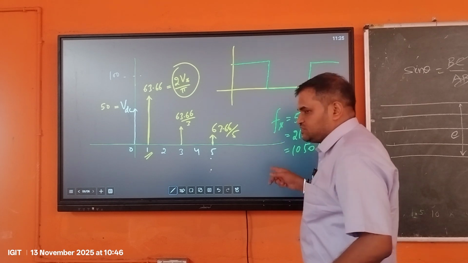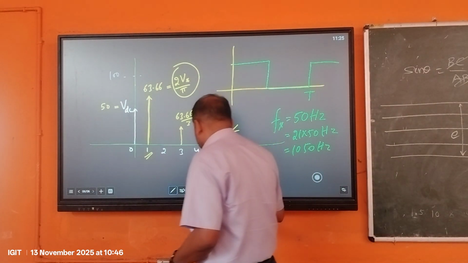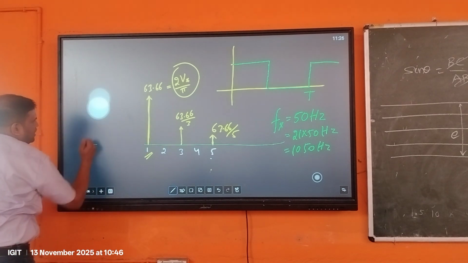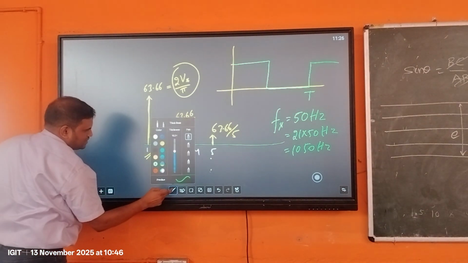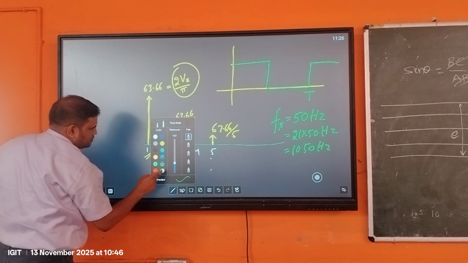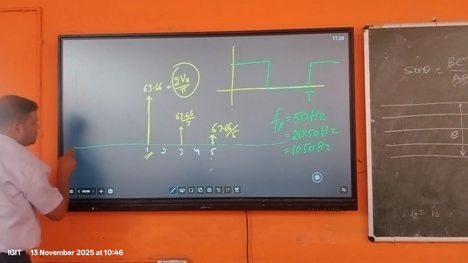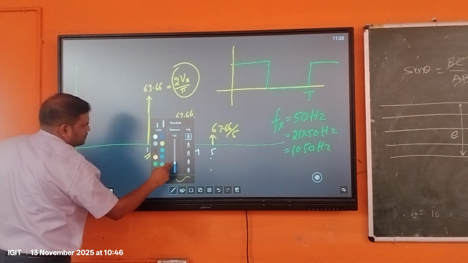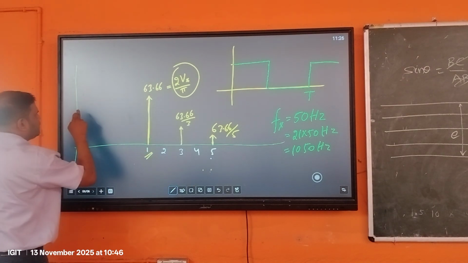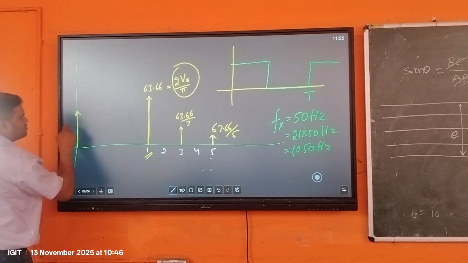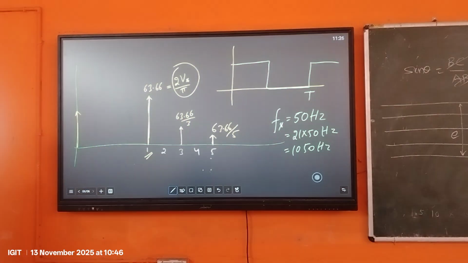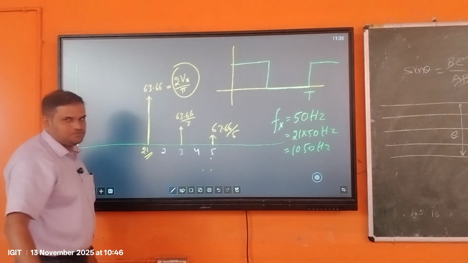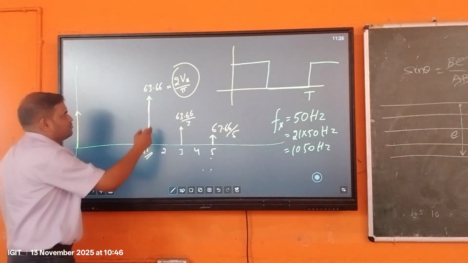The first harmonic which is visible will be very far away from the actual line. We can write it as the 21st, so the first harmonic will be out.